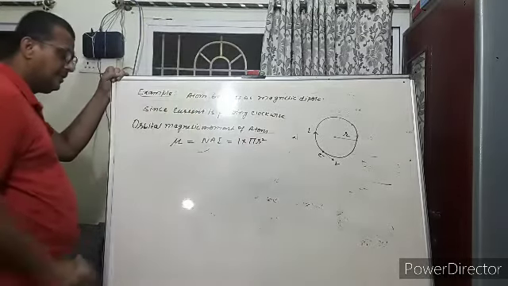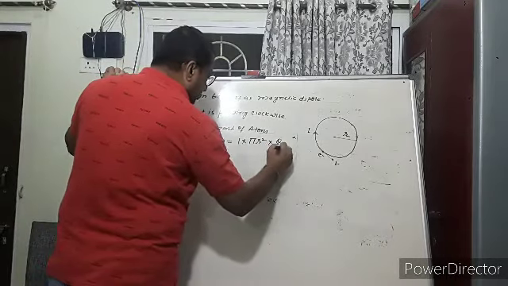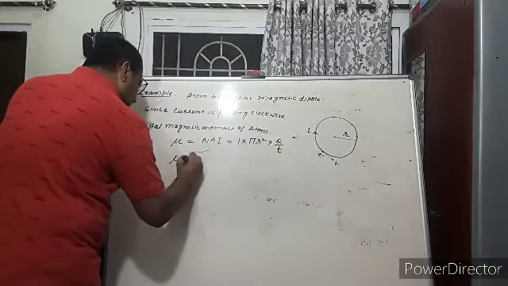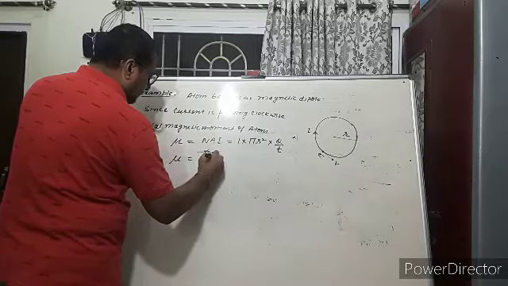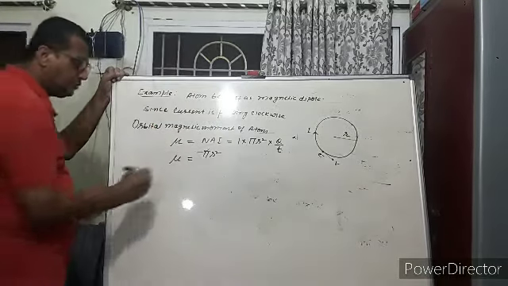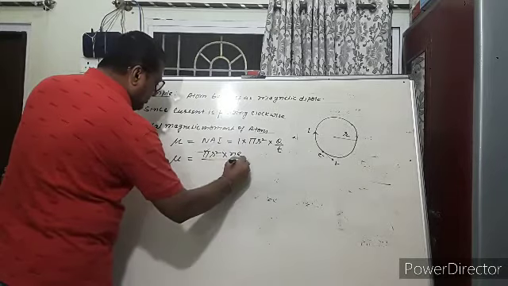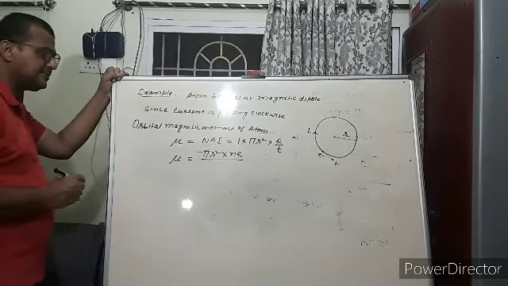Current equals Q by T, then mu equals pi r square, Q equal to Ne divided by T. T means time equal to distance by speed.